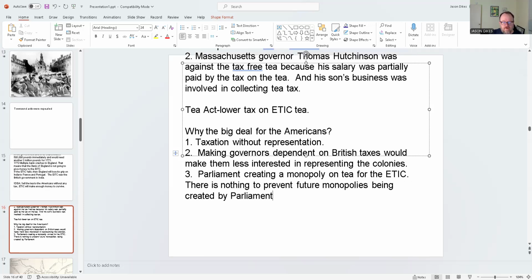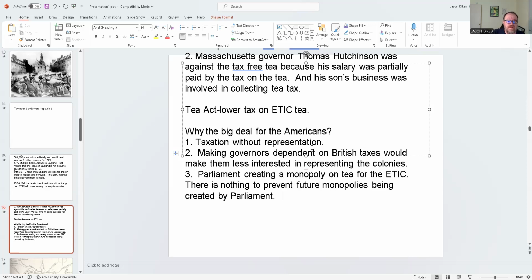So maybe you're not involved in tea, but maybe you're involved in lumber, or tobacco, or rice or some other foodstuff. What is to prevent Parliament next year from creating a monopoly for a tobacco company that isn't one you're selling to, or rice, or anything else?